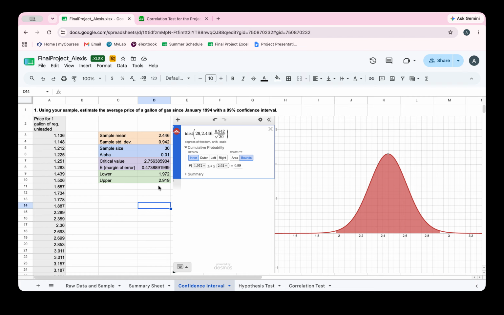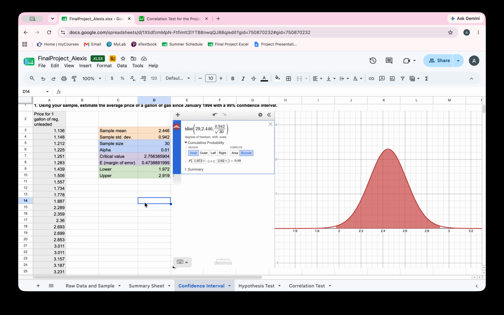This suggests that we are 99% confident that the true population mean price of 1 gallon of regular gas since January 1994 lies between these two. And this suggests that if we took many samples, 99% of those calculated intervals would contain the true population parameter.